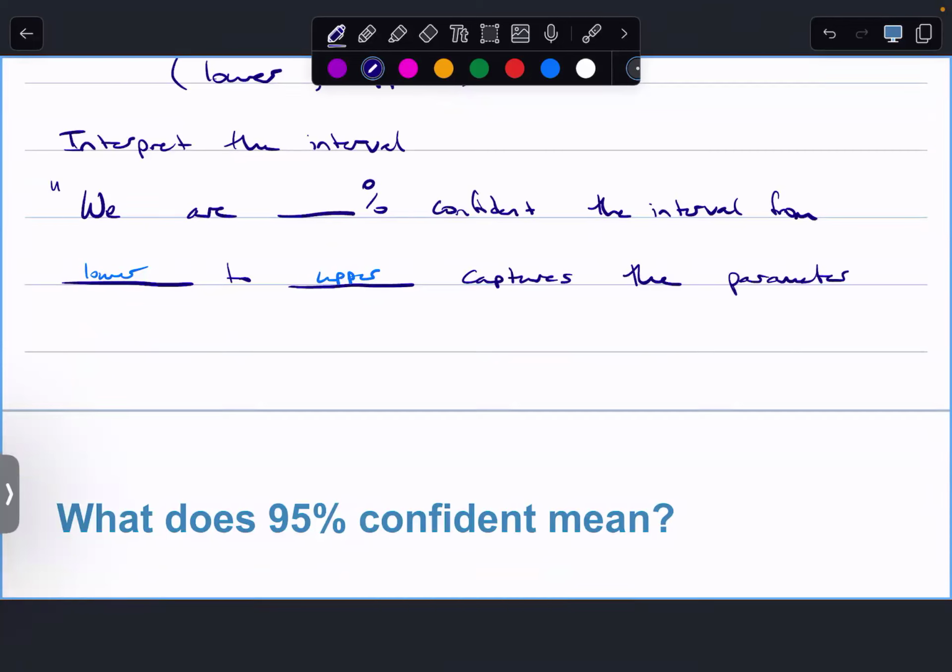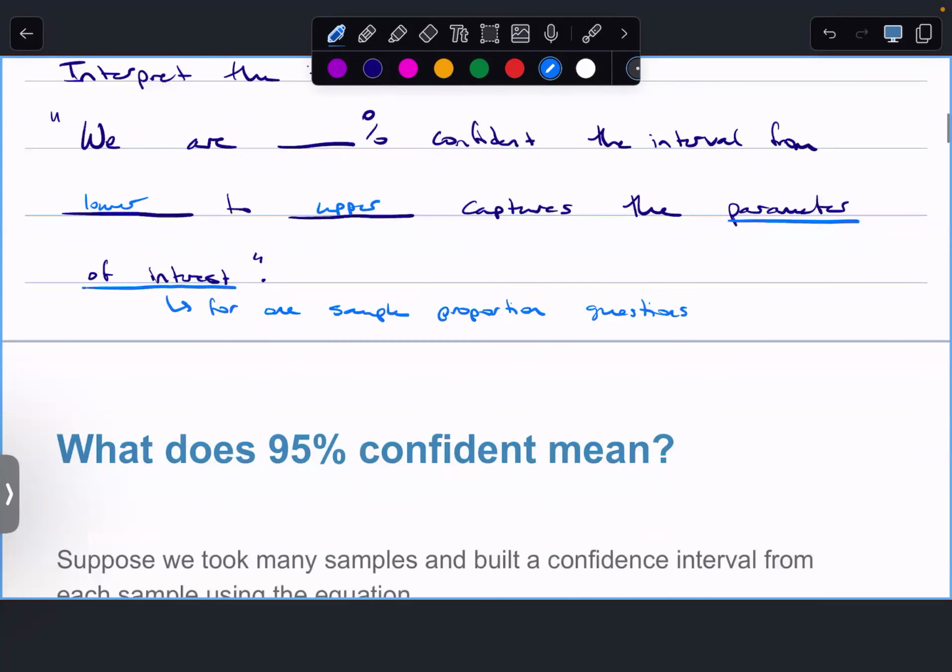Now, in our case, the parameter of interest changes. So for one sample proportion questions, it is the population proportion.